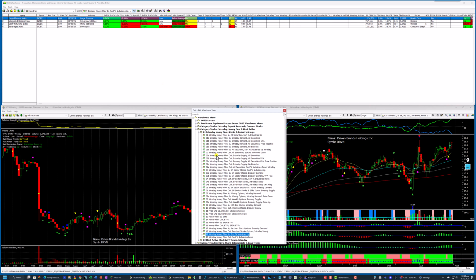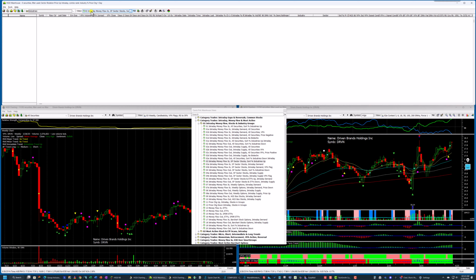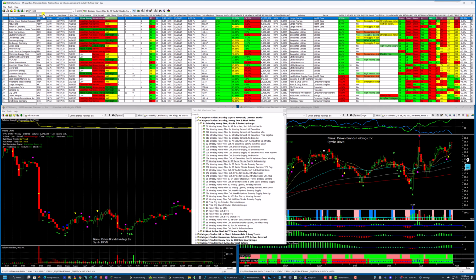And I use the top ones most of all, but if I want to do something more selective, I'll use one of these other ones. Now, I'd have to get out of industries, and a lot of times I'll just go down into my major market indexes and concentrate on the S&P 1500 or 500 rather than the entire market.